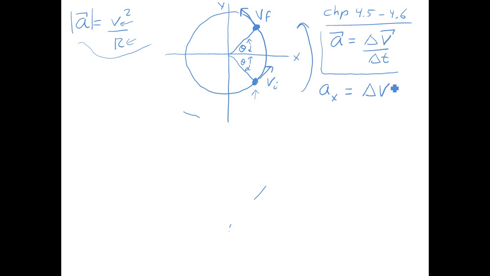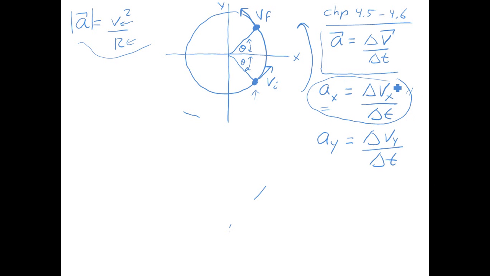So I can write this: the acceleration in the x direction is the change in the velocity in the x direction divided by time, and in a similar fashion for y. There we have it.